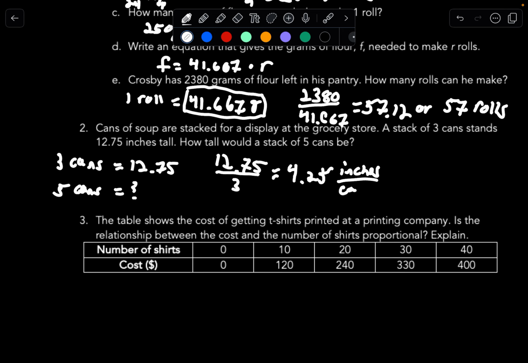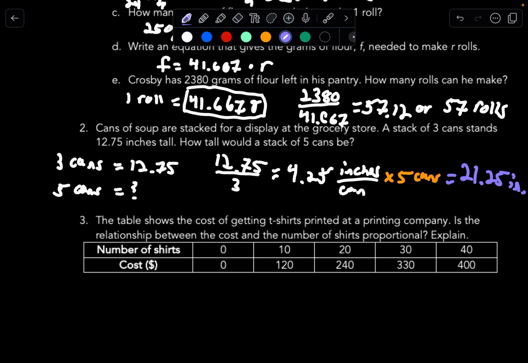Then I would multiply it by the number of cans that we want. We want 5 cans. And that would work out to be equal to 21.25 inches.